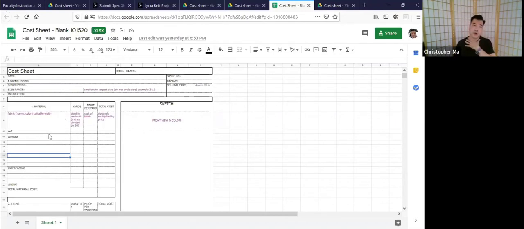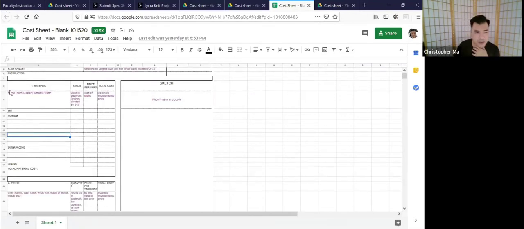All right, so let's go to material. Let's look at this real fast. This material section is basically everything that you buy in yardage, or that's offered in yardage. If it doesn't come in yardage, you don't put it here. It will go down to the trim section. So what comes in yardage? Fabric, right? Your body fabric, in your case, is ponte. And then your lining, your muslin.